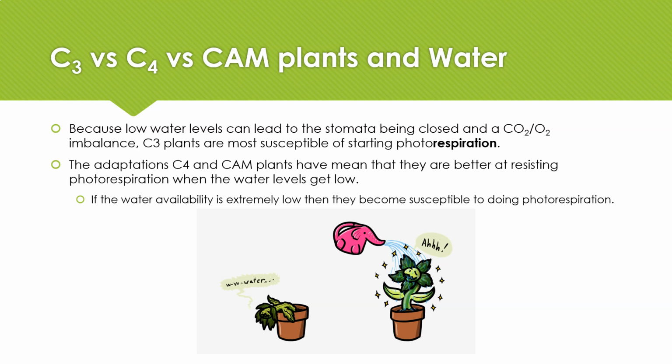It might decrease a little bit, but not to the amount a C3 plant would. Now, it is worth noting that doesn't mean they won't do photorespiration. If the water availability is extremely low, they do become susceptible to doing photorespiration.